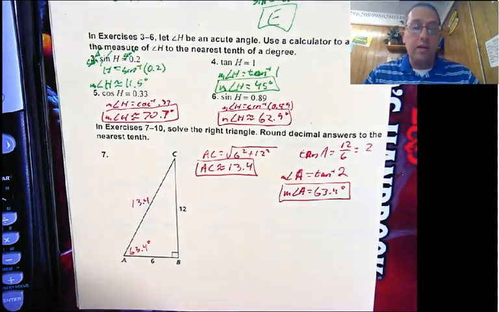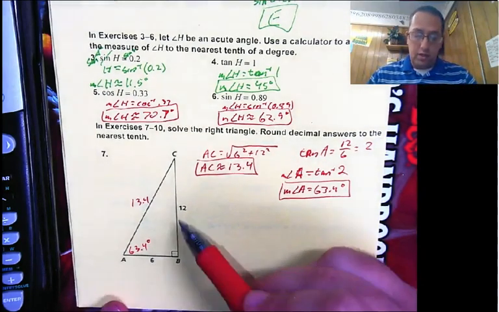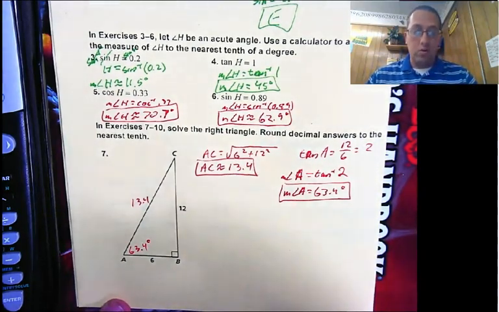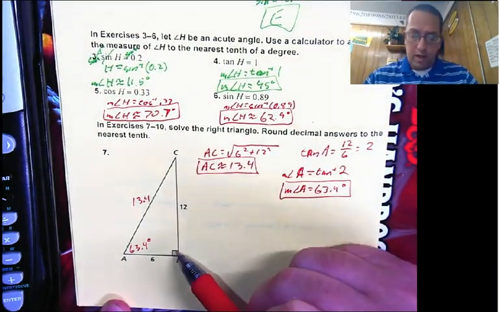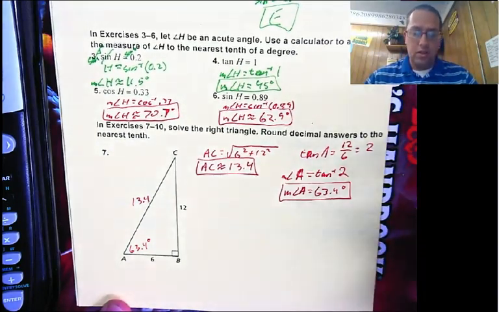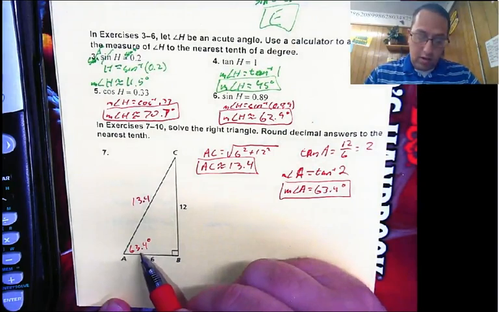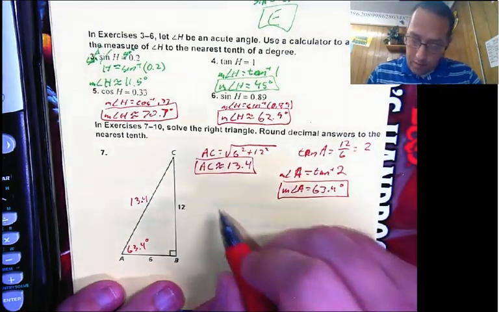Now we need to find the measure of angle C. So a couple ways we could do this. We could do tangent again, right? Inverse tangent of 6 over 12, or since we know that these two angles add up to 90 degrees, because all three of them are 180, this is 90, so our acute angles add up to 90 degrees, I could just take 90 degrees minus 63.4, which is what I'm going to do.